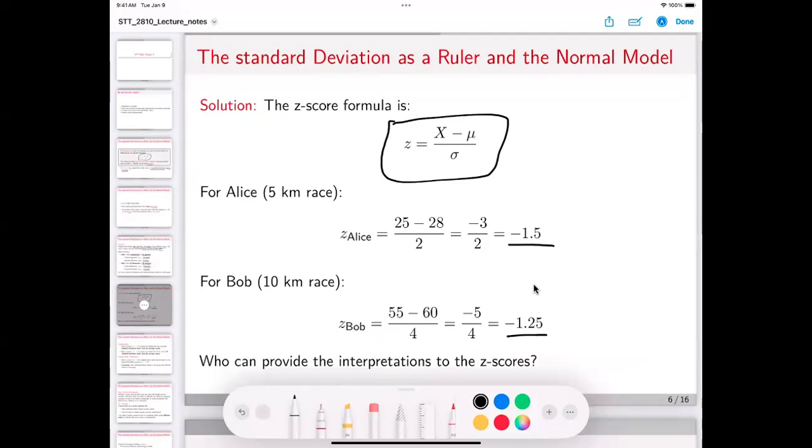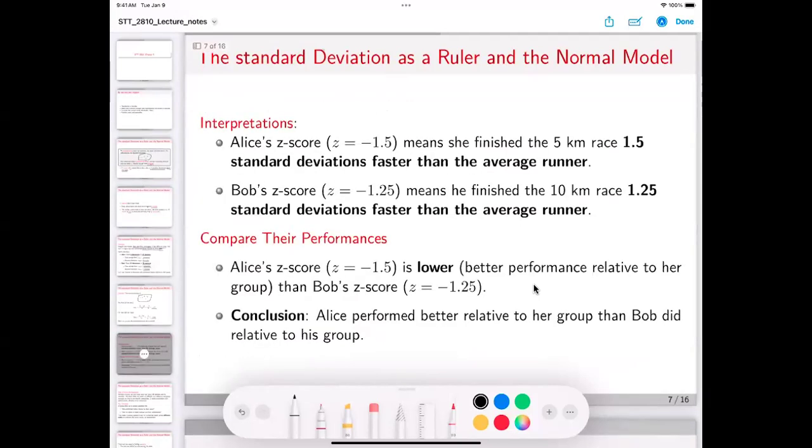So you see, you are trying to interpret the z-score based on the problem at hand. And so when we have these two, we can see that Alice's z-score means that she finished the 5 kilometers race 1.5 standard deviations faster than the average runner, isn't it? And then Bob's z-score was negative 1.25, which also means that he finished the 10 kilometers race 1.25 faster than the average runner.